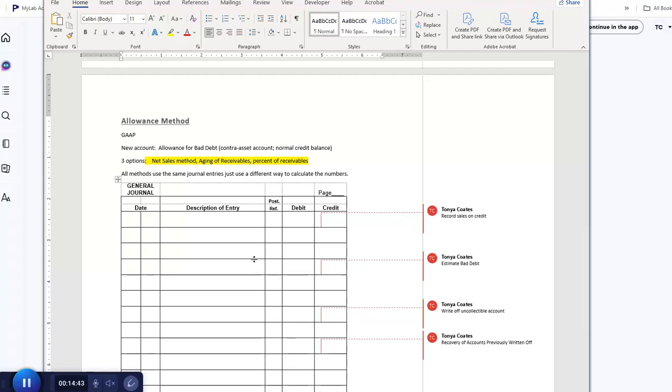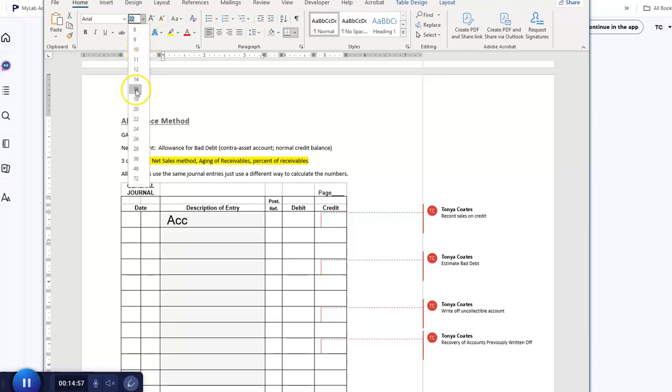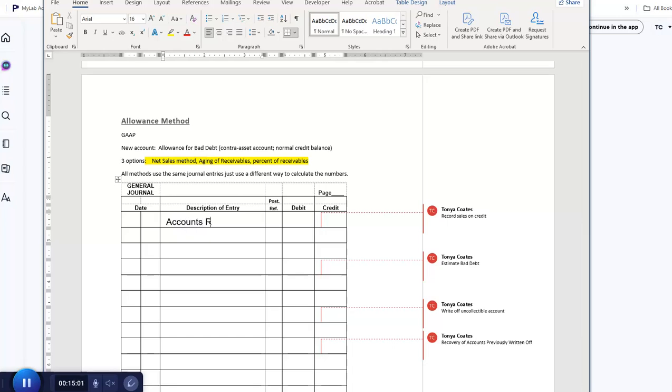So let's take some notes and talk about what the journal entries look like. If we record the sales on credit, we're first going to debit accounts receivable and we would credit sales revenue.